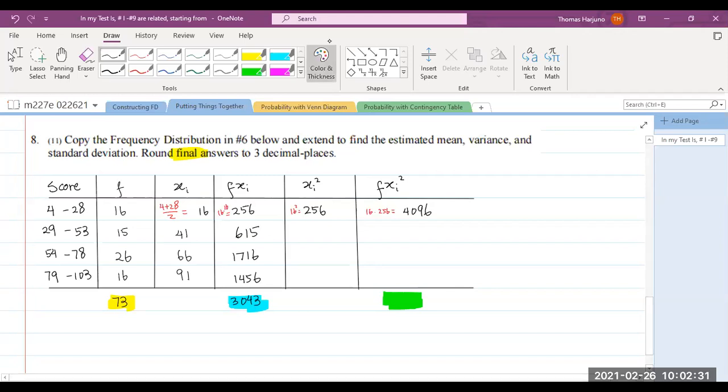Anybody get the same thing? Nobody get the same thing? Well, anyway, now the sample mean X bar will be the second number divided by the first number. Okay, 3,043 divided by 73.